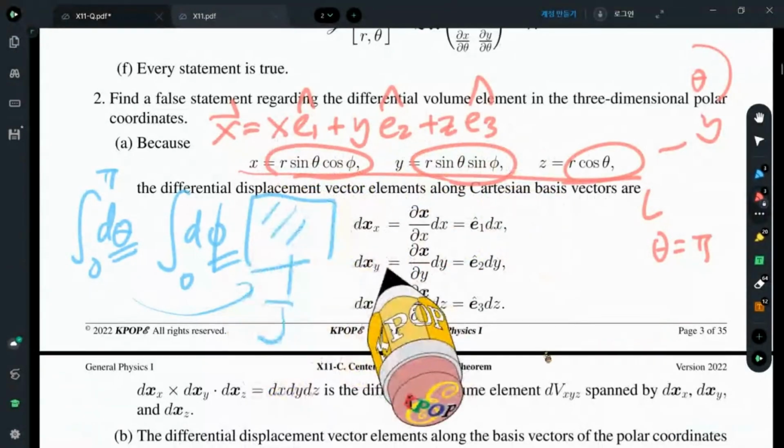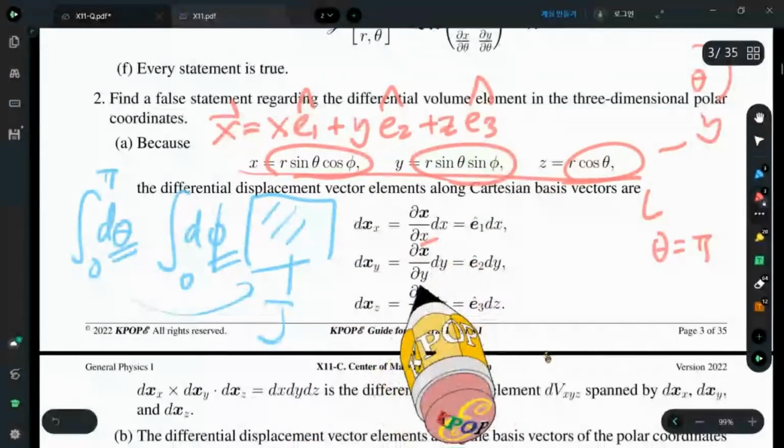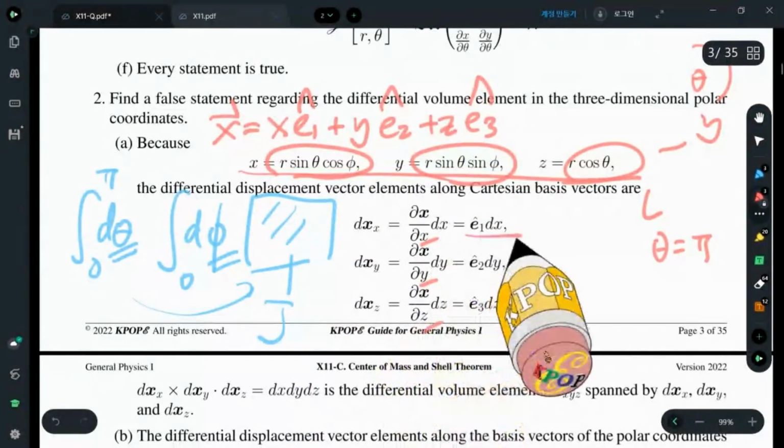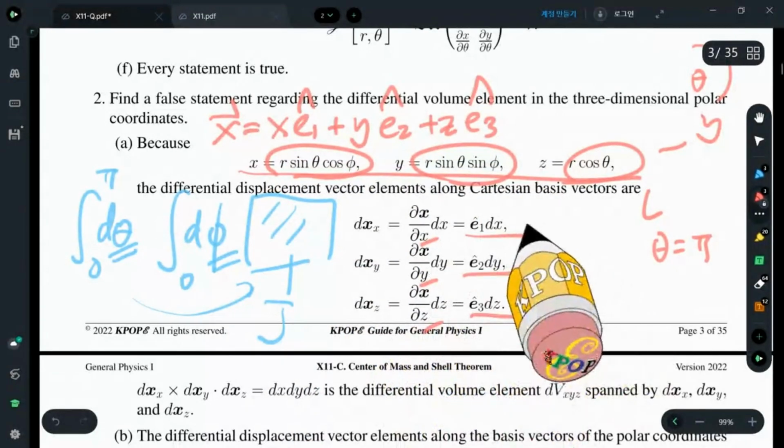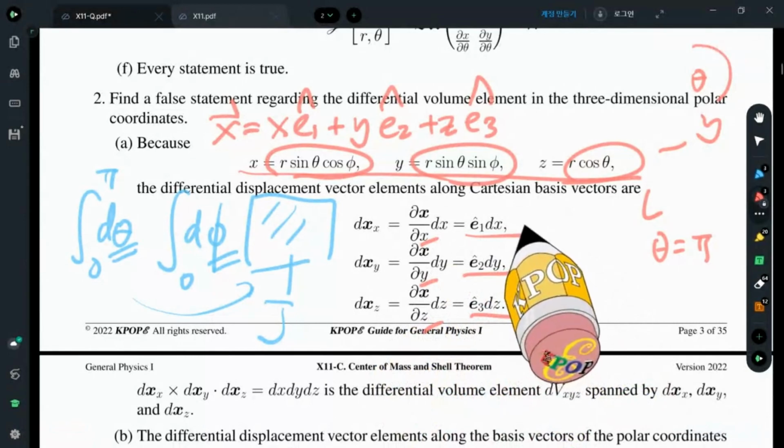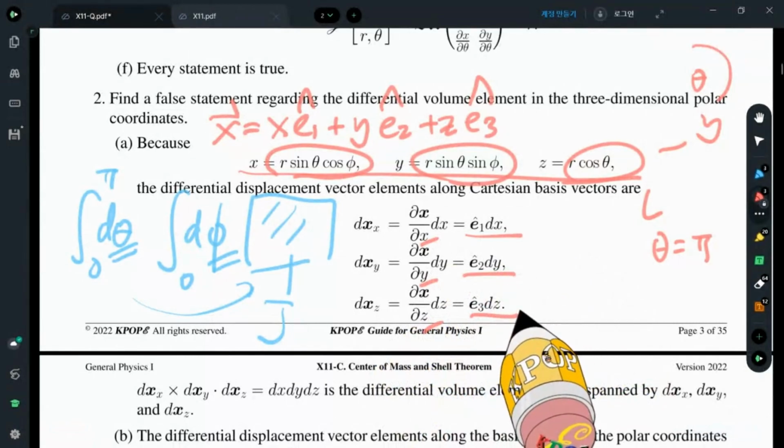And we take the partial derivative with respect to x, y, z, then simply we have this kind of displacement along the x, y, z direction.